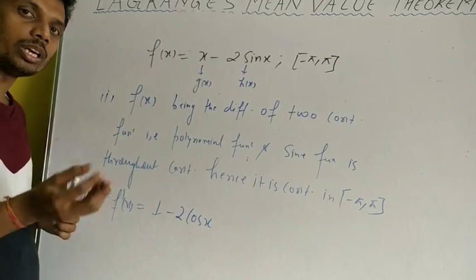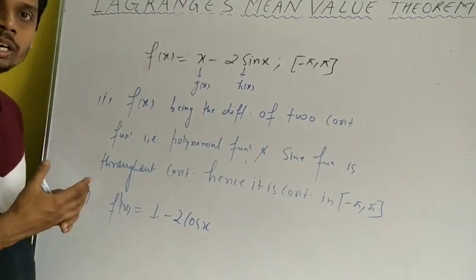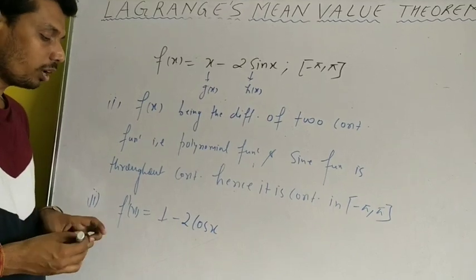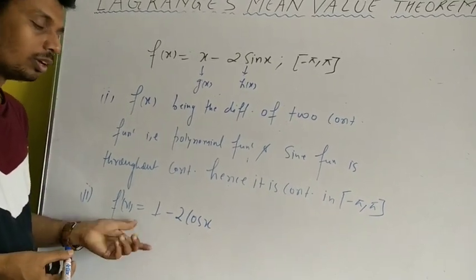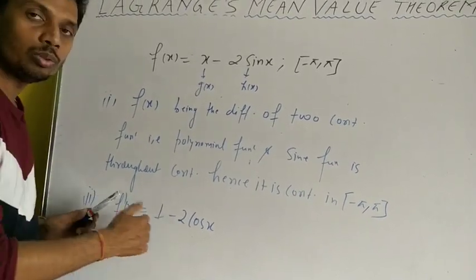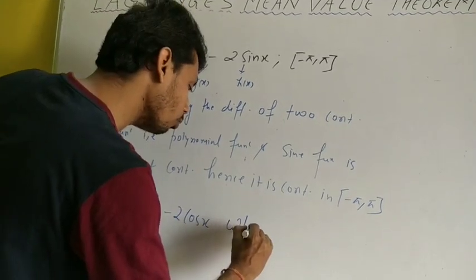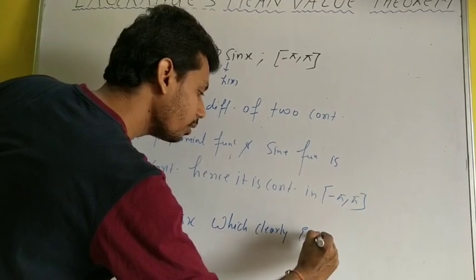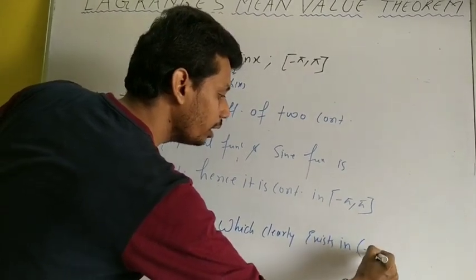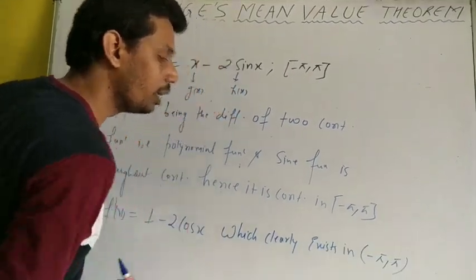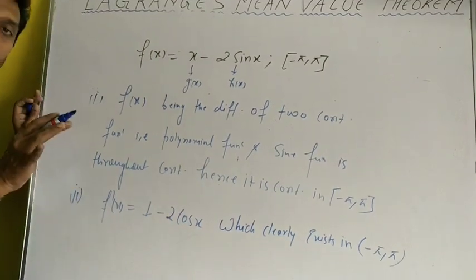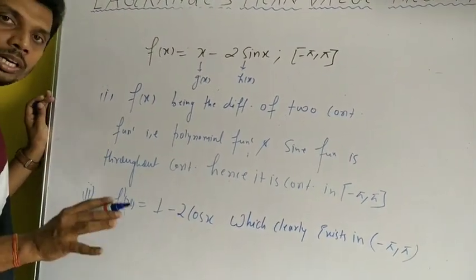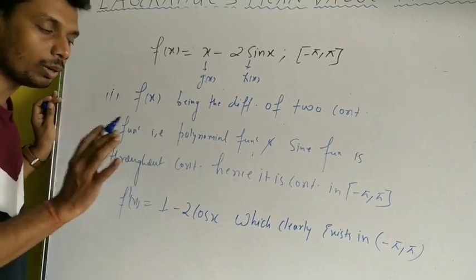That is, if we substitute any value which is a member of the open interval minus pi to plus pi, we get a finite value of this. So f dash x is equal to this, which clearly exists in the open interval minus pi to plus pi. Hence it is differentiable in the open interval minus pi to plus pi.